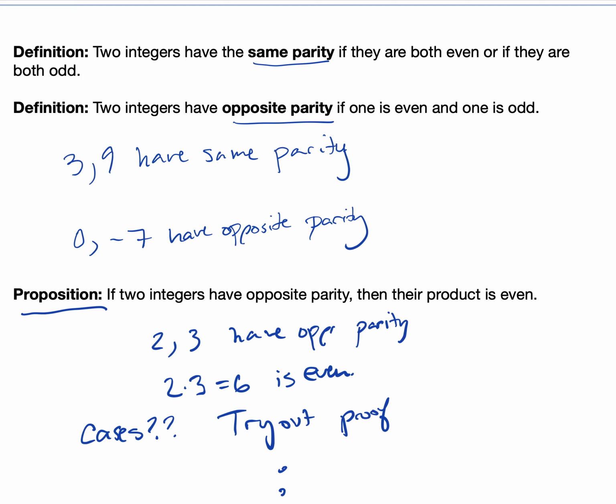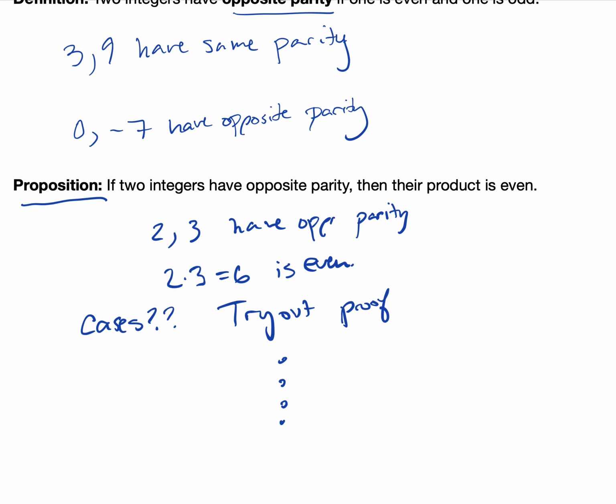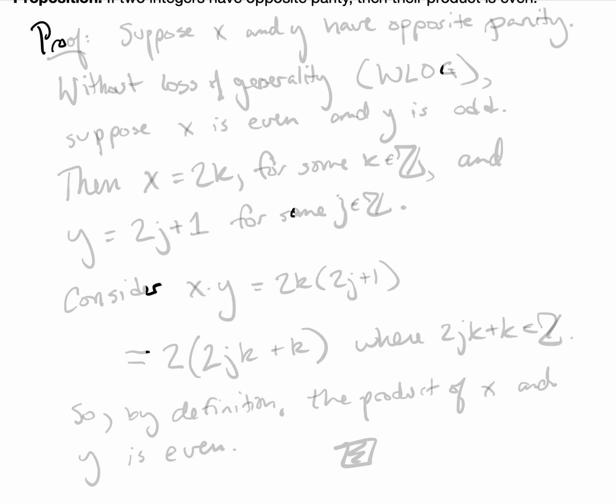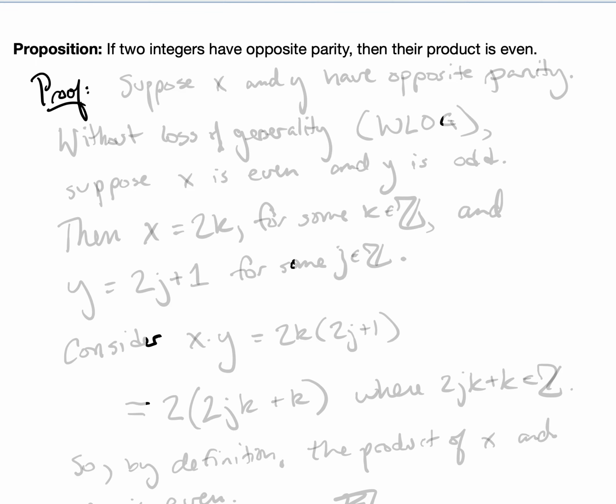Okay, so we want to prove that if two integers have opposite parity, then their product is even. So proof, we want to suppose that two integers have opposite parity. It's useful to give them names. Let's call them x and y. So suppose that x and y have opposite parity. Then by definition, one of those two integers is even and one of those two integers is odd.